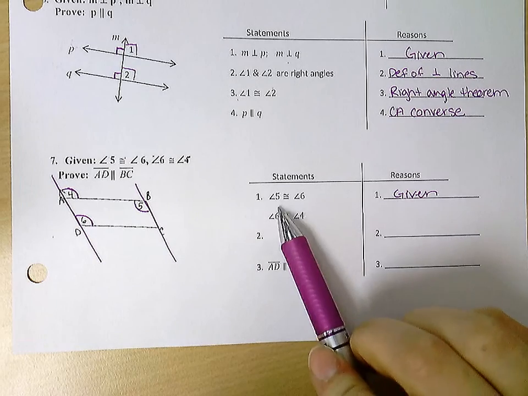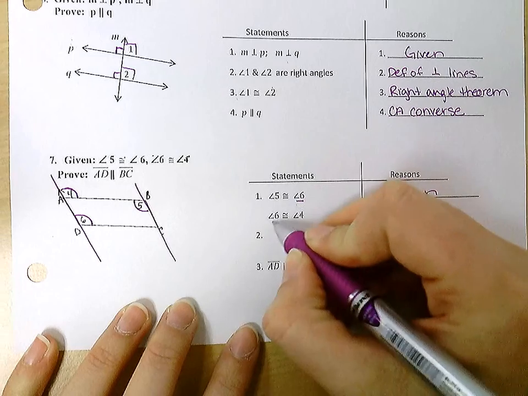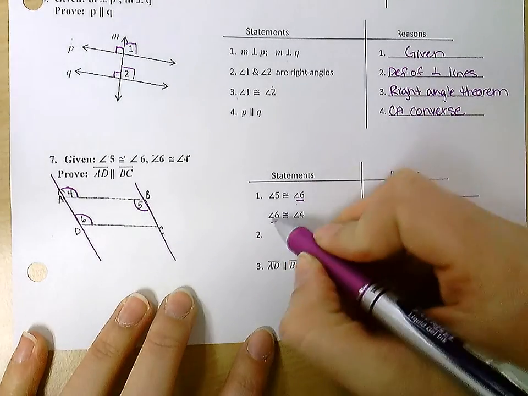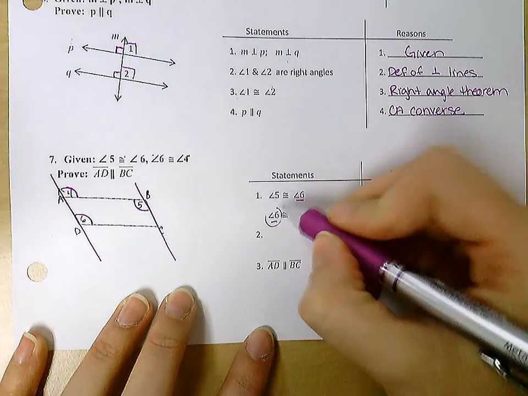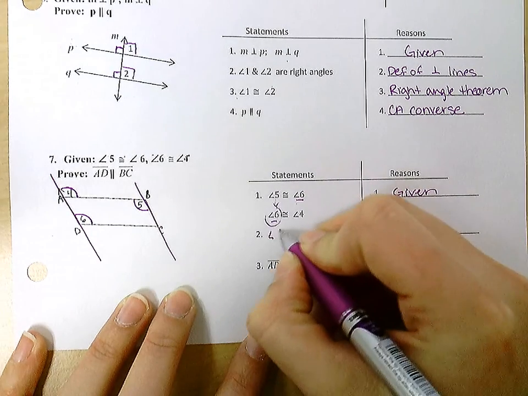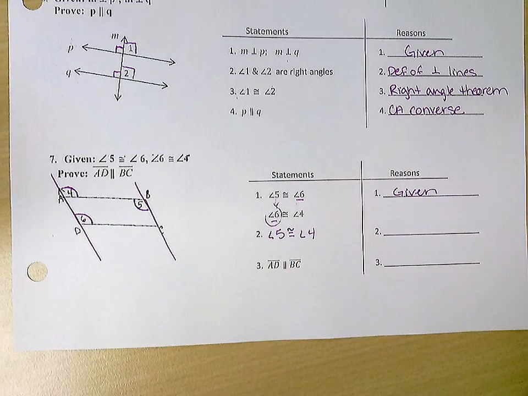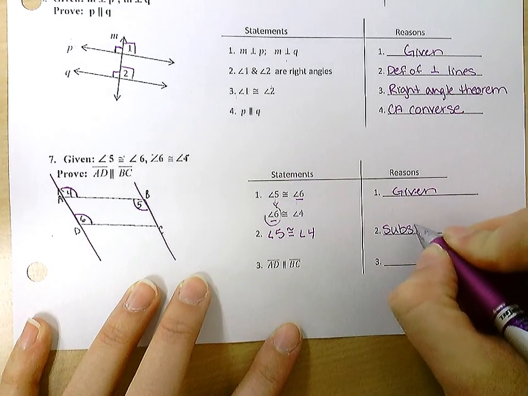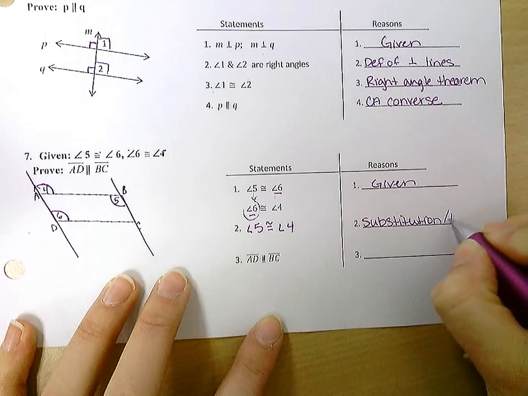I see that 5 is congruent to 6 and 6 is congruent to 4. Both of these have a 6 in them, correct? Then I can replace this 6 with what it's equal to, that 5. So I would have angle 5 is congruent to angle 4. And that is either the substitution property or the transitive property.